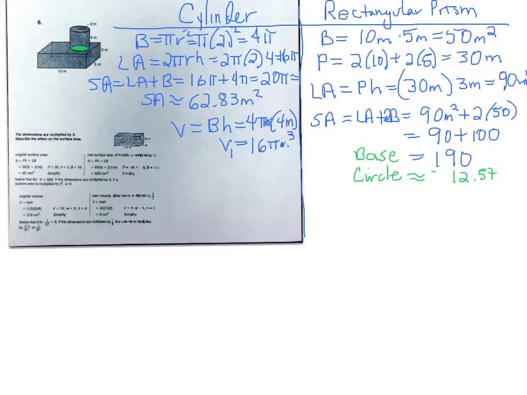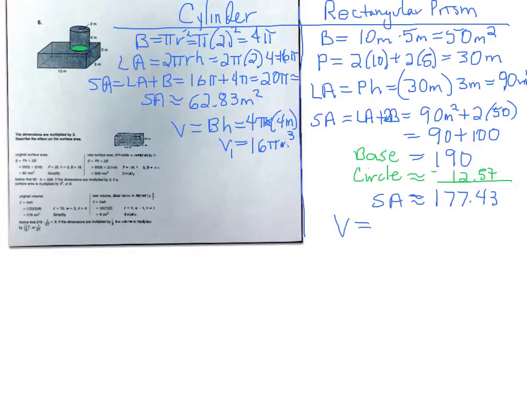So when you subtract those two numbers, 190 minus 12.57, it's 177.43. So this is the surface area, approximately.